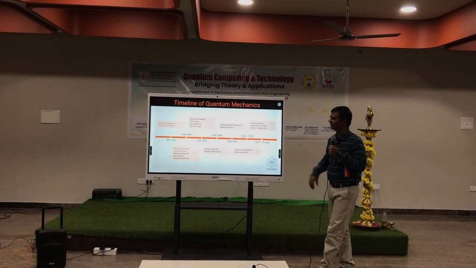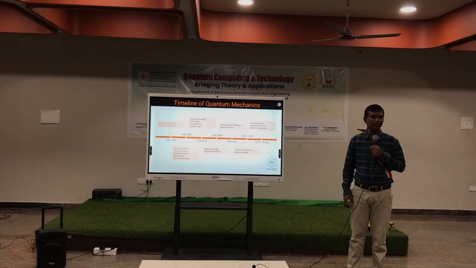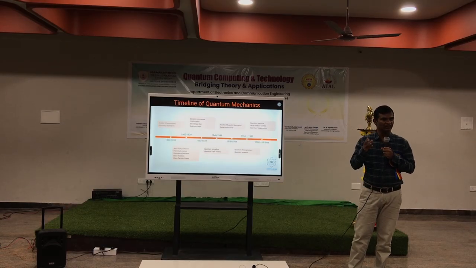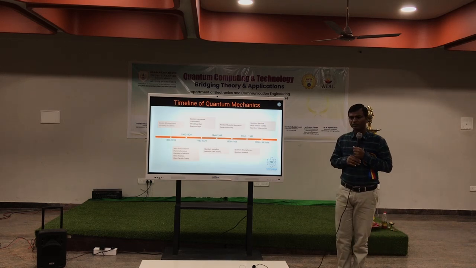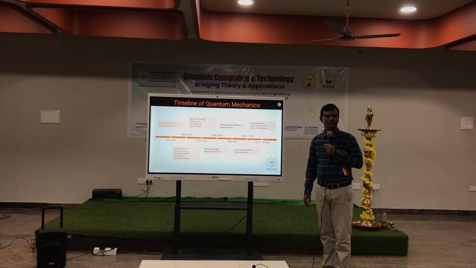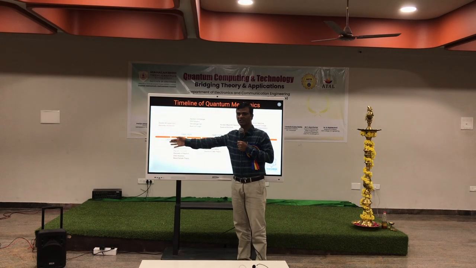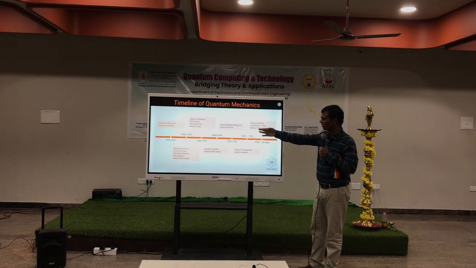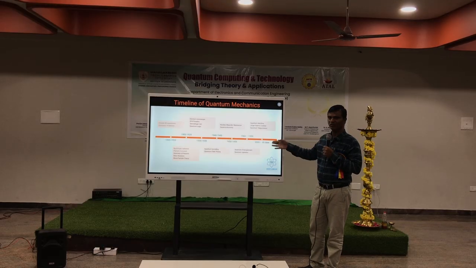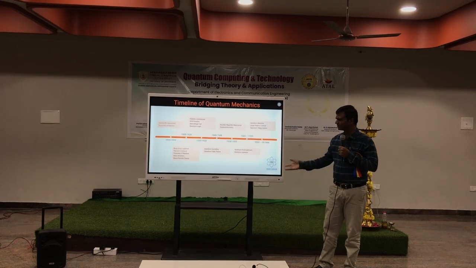This is the timeline. Quantum mechanics itself started with these quantum phenomena. Scientists have been identifying all these phenomena from the 1800s, and they are still doing this. This is how quantum mechanics evolved over a period of two centuries until date. Just go through it.